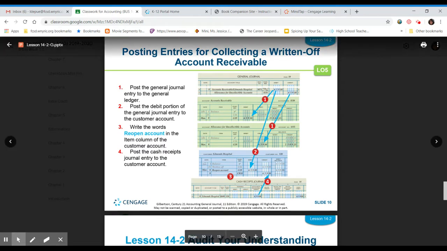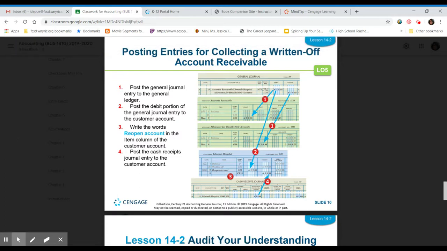So from the general journal, when we record it up here in the Edmonds Hospital, this 639.88, we have to debit that in the Edmonds Hospital ledger to show that it's been reopened. And then once we post it from the cash receipts journal, it shows that they have paid it. So now their new balance, once again, is down to zero. So just, again, be very careful about that.